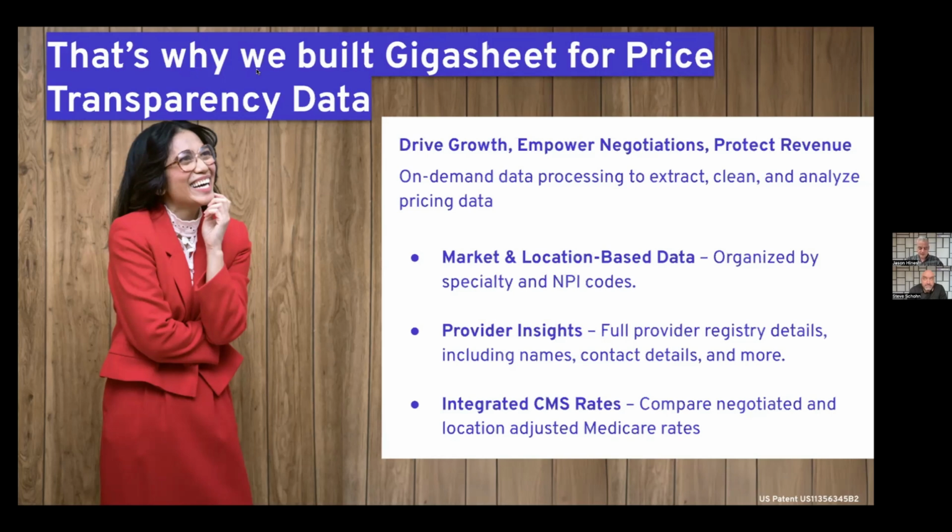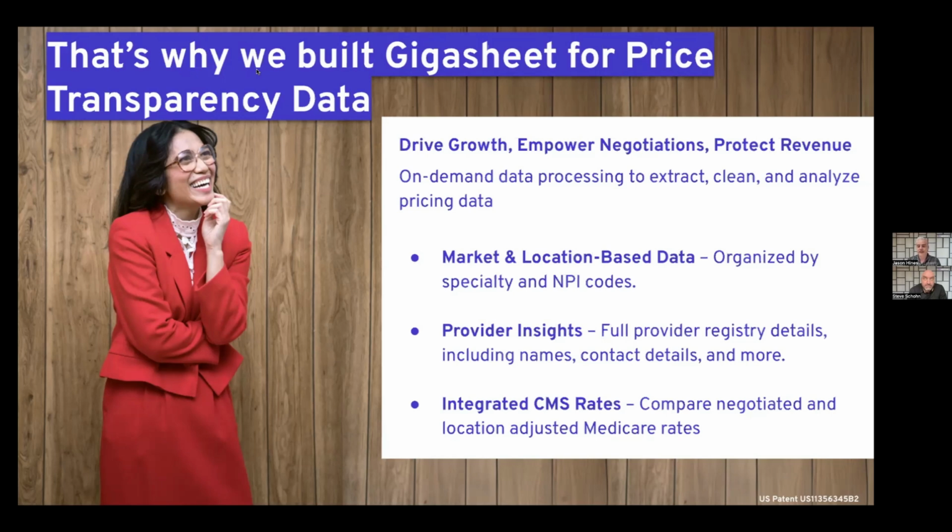So what Gigasheet offers are tools and infrastructure to process MRFs. And we'll talk about what happens in that processing, and then the tools to analyze the data that comes out of it. The data can be based on markets or locations that are selected by our clients, and can be done on demand.